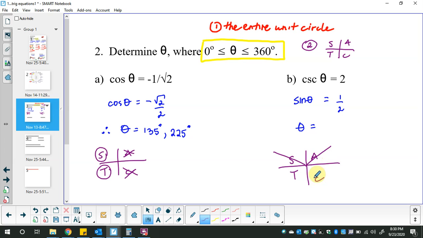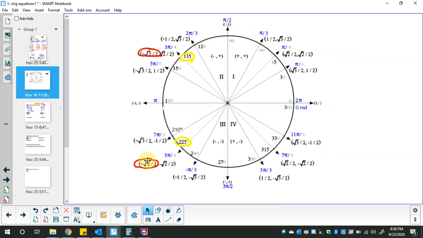Let's see where I find sine is a half. So sine is the second one. The second one is a half here, which means this is an answer. And sine is a half. Nope, that's a negative a half. Nope, that's a negative a half.